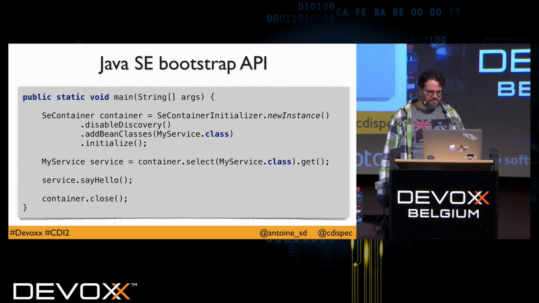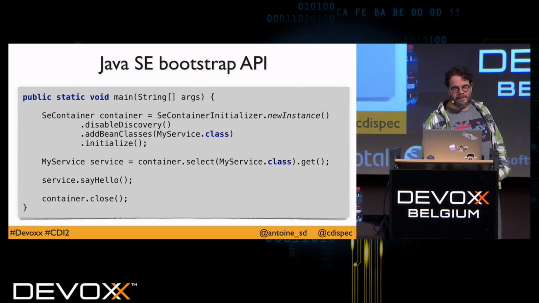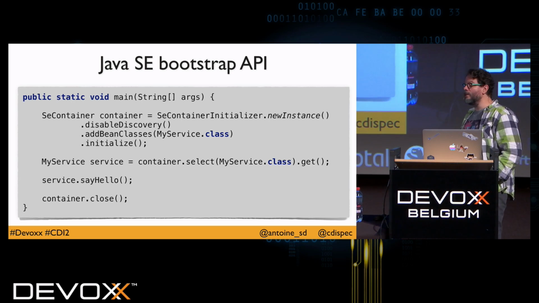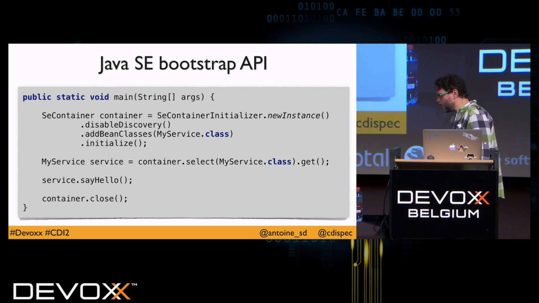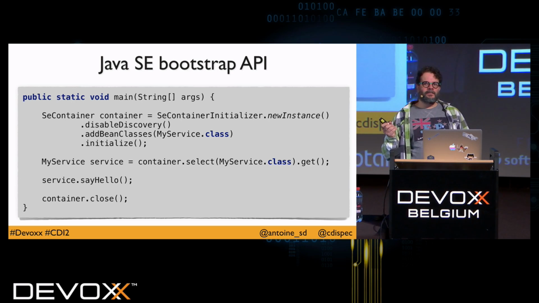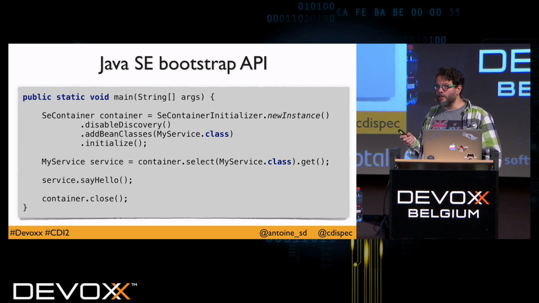So we added an API to support bootstrapping in Java SE. This API will be available for Java SE and won't be available in Java EE. So we'll probably provide a different set of APIs for EE and SE with a superset for SE.